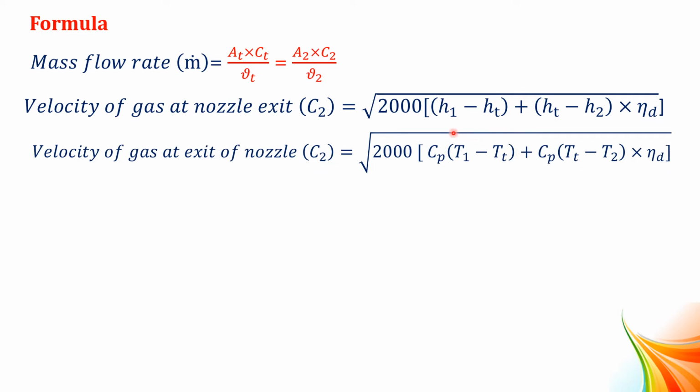See, we know here the temperature values are given in the problem. So we have to write the enthalpy values in terms of temperature. So we know H1 equal to Cp into T1, Ht equal to Cp into Tt, and H2 equal to Cp into T2.